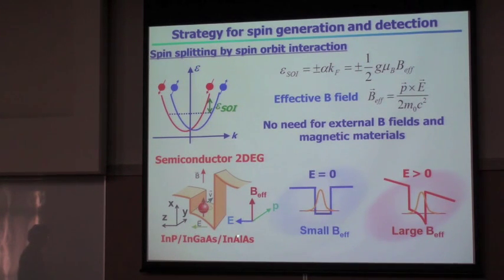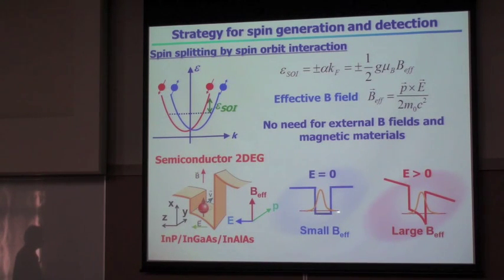So when the electron is moving in the y direction, then the internal electric field is in the z direction. So we can generate this effective magnetic field along the x direction. And this effective magnetic field is proportional to the internal electric field. So when we make such a symmetric quantum well structure, that means there's no potential gradient.